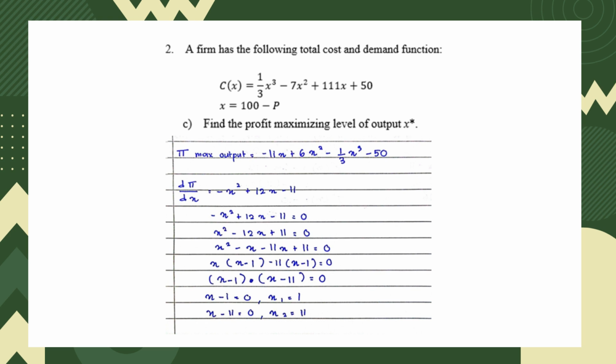So to find the profit maximizing level of output x, we use dy/dx, which is the derivative of the profit function, negative x squared plus 12x minus 11. And then we can calculate until we get the first x equal to 1 and the second x equal to 11.